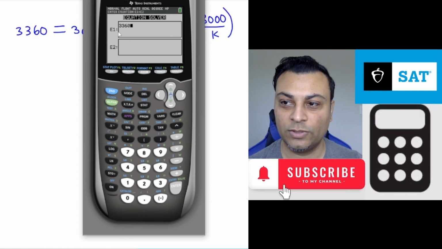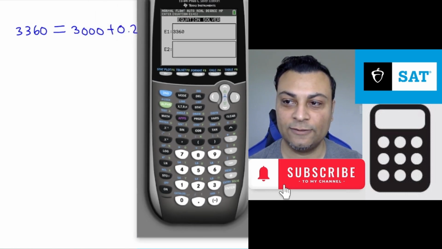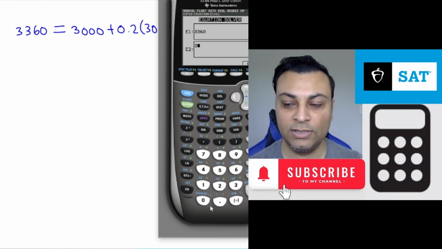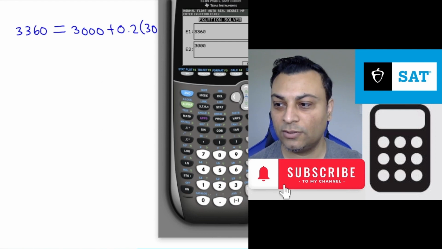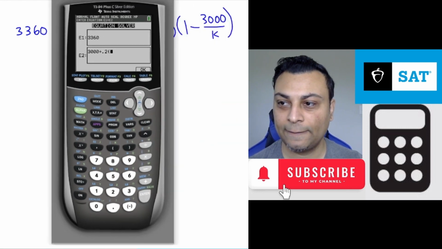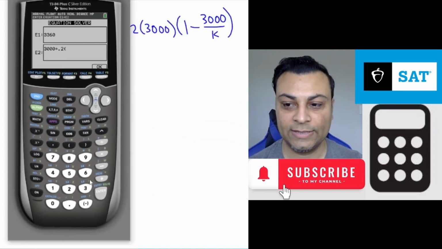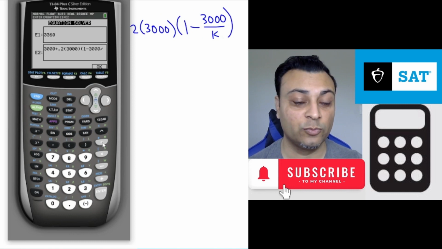3360 on one side, and then equals the other one, which is 3000 plus 0.2 parentheses 3000 close, open 1 minus 3000 divided by the unknown, and for the unknown we're going to use x.